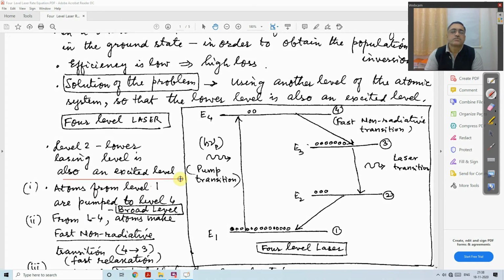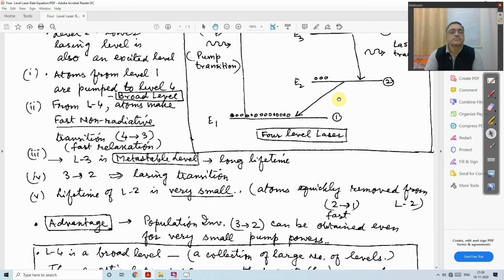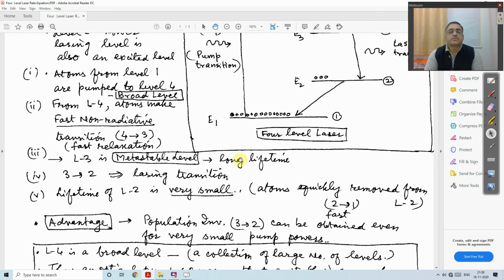Atoms from level 1 are pumped to level 4, which is a broadband level. From level 4, atoms make fast non-radiative transition. Level 3 is a metastable level having long lifetime. 3 to 2 is a lasing transition.